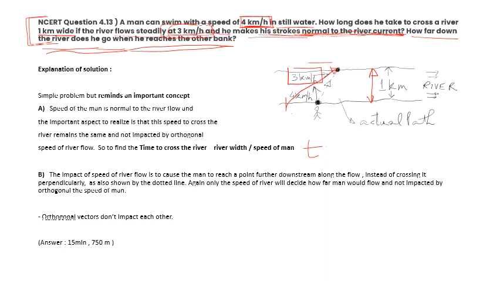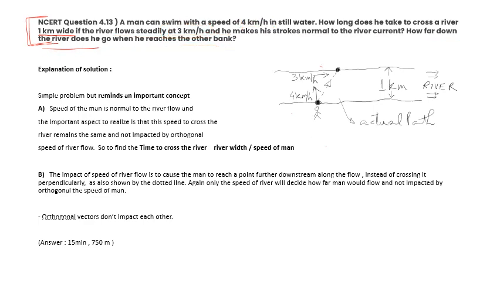And this distance will be the speed of the river, which is 3 kilometers per hour, multiplied by the time that the man took, which we calculated. So this will give you this distance. It's a simple question, but just remember that these two velocities don't disturb or impact one another, so they will remain as they are and they can be used to calculate your answer.